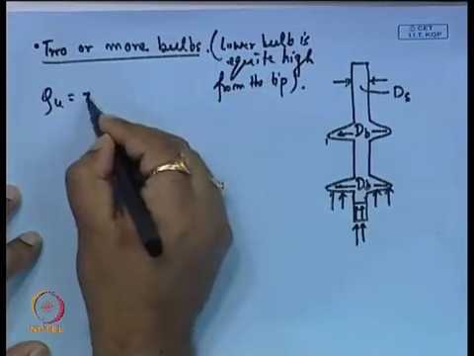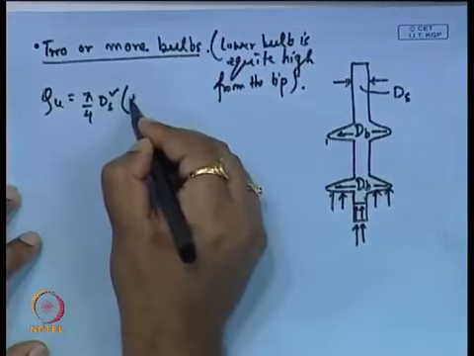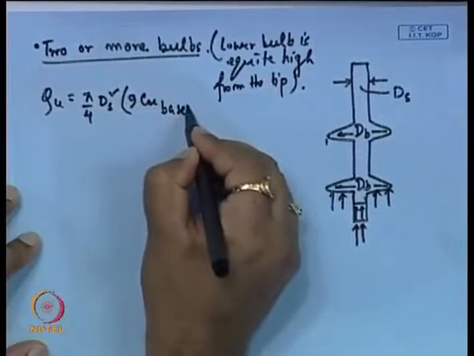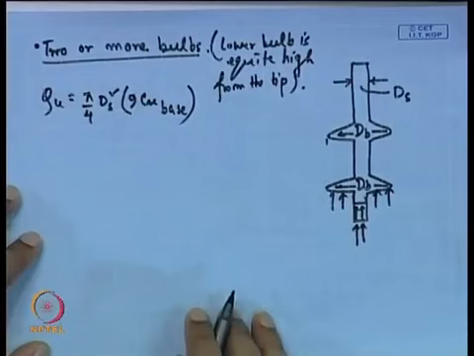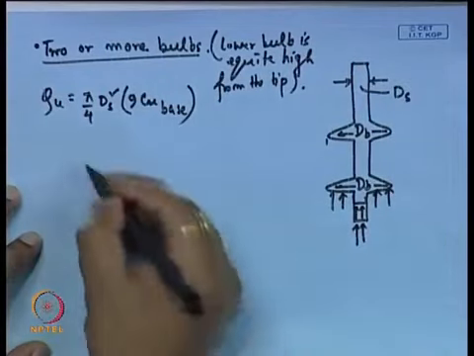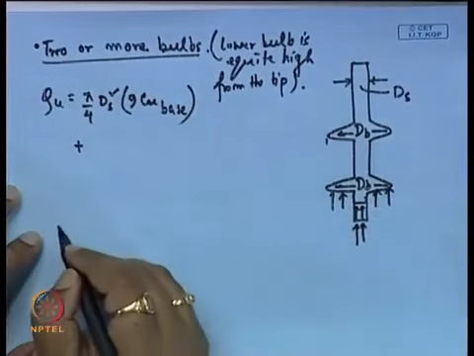So, first we will calculate this resistance. This is pi by 4 ds square, again Nc is 9 into Cu at base level, this tip level, plus we will get resistance from this enlarged bulb portion.